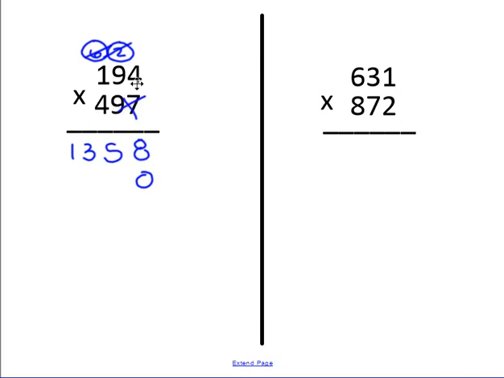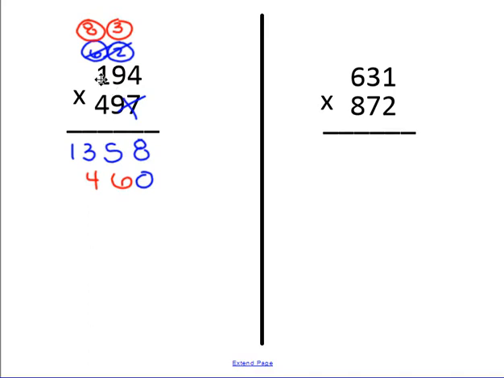9 times 4 is 36. So I'm going to carry my 3, and I'm going to put my 6 down here. 9 times 9 is 81. So then I need to add my 3. So 81 plus 3 is 84. So carry my 8, and I'm going to put my 4.